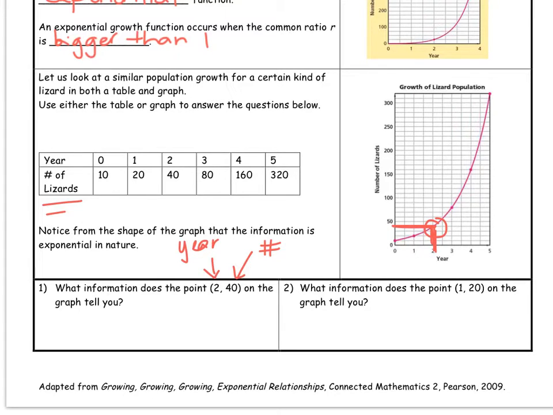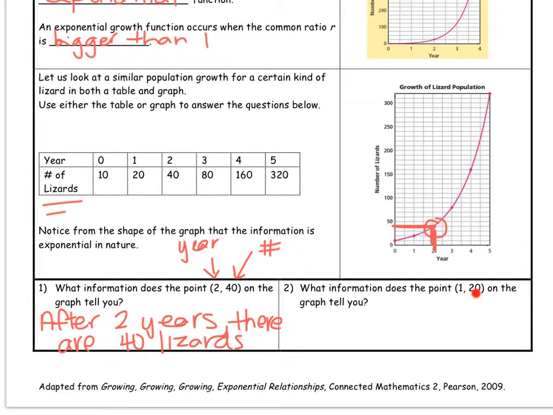That tells us that after 2 years, because x is measuring years, there are 40 lizards. And we can tell that from the graph, and we can also tell that from the table. After 2 years, there's 40 lizards.